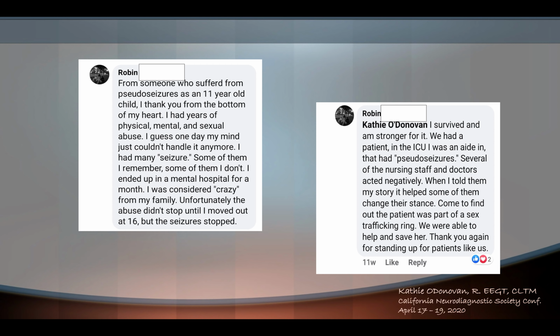And she said that when she told those doctors and nurses her story, it helped some of them change their stance. So the attitude of the professionals changed toward the patient because of this CNA that shared her background. And it says, come to find out the patient was part of a sex trafficking ring. And she says, thank you again for standing up for patients like us.